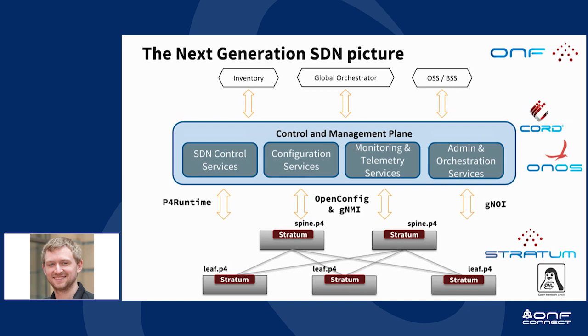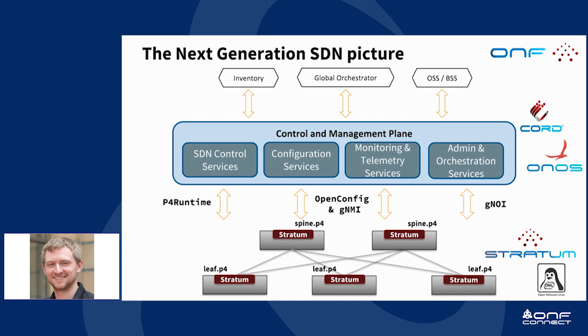We can deploy some of these services on the boxes. We can deploy some of them in traditional commodity compute infrastructure. Ultimately, the control and management plane needs to plug into inventory, global orchestrator, OSS, BSS, et cetera. And that's where the rest of the next-gen SDN picture goes.